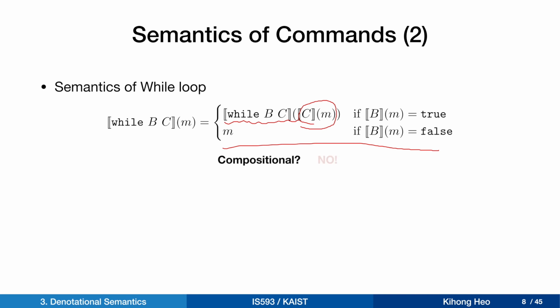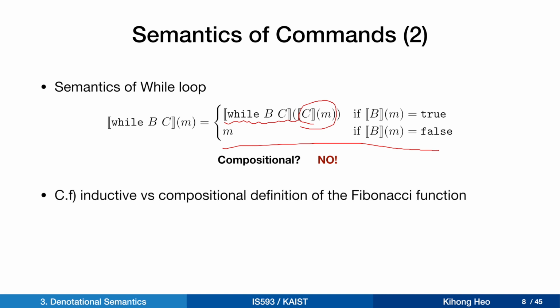Okay, so it is not a direct function definition for the semantics of while, which means that it's not an explicit formula. It's just a recurrence relation in mathematics, right? So one analogy is here. I guess all of you are familiar with the Fibonacci function.